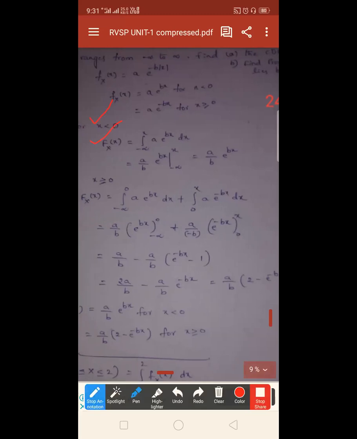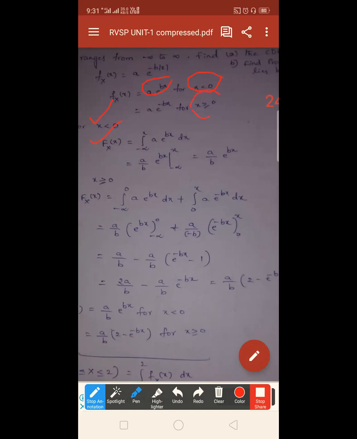If you consider negative values of x, that means small x is less than 0. Small x value is less than 0 means we are considering the negative values of x. That negative into negative becomes positive. So you have to write a into e power bx, because we have considered the negative values of x.